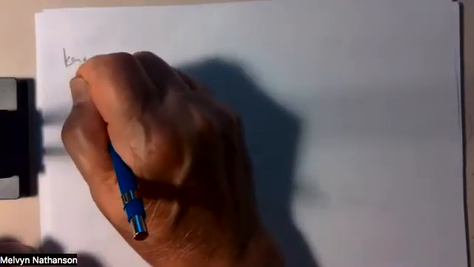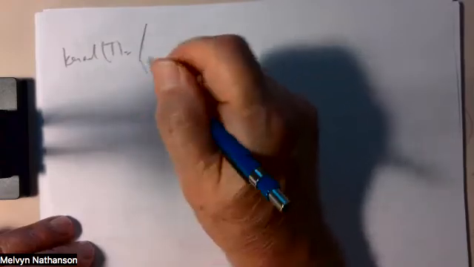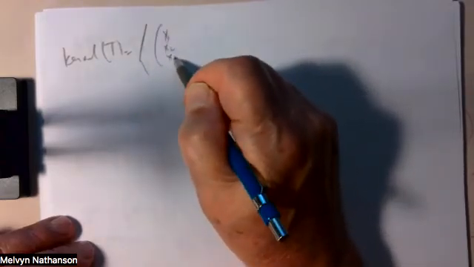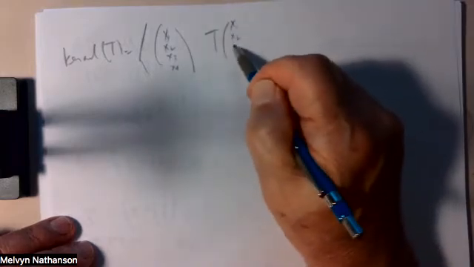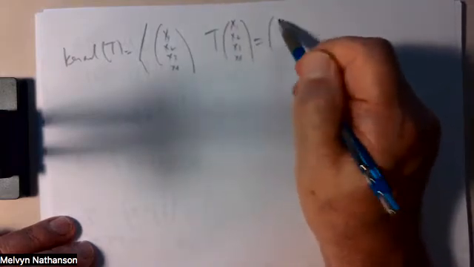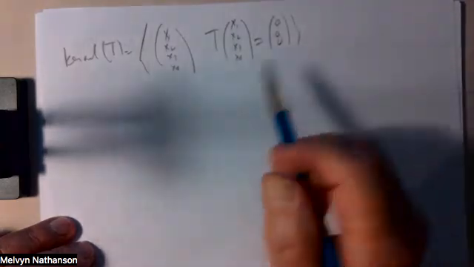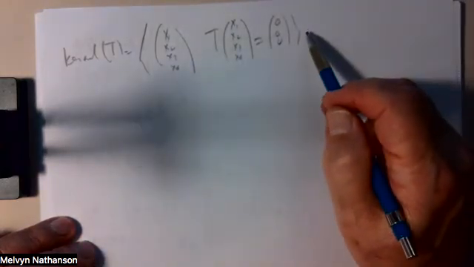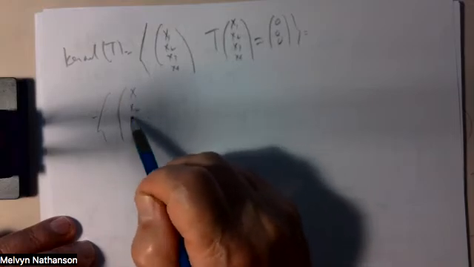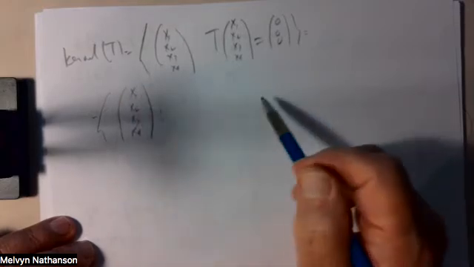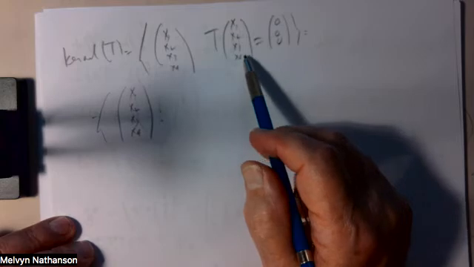And now I need to find the kernel and the image, the nullity and the rank. So the kernel of T, this is all vectors x1, x2, x3, x4, such that T of x1, x2, x3, x4 is the 0 vector. So this is the set of all vectors x1, x2, x3, x4. What is T of x1 and so forth?